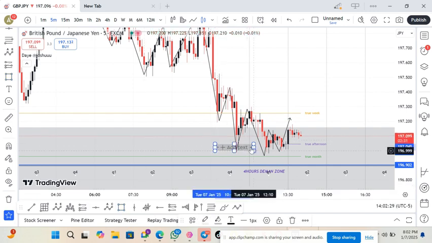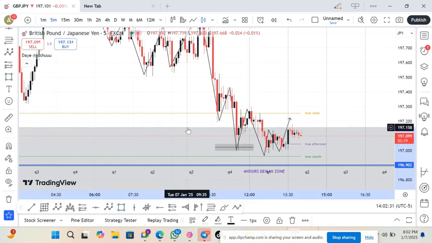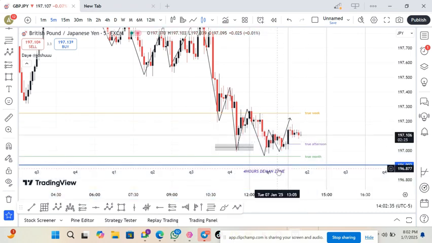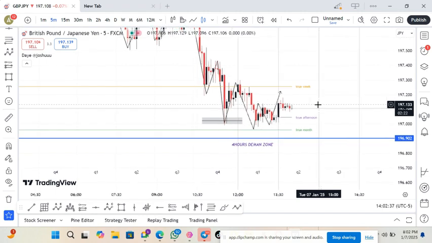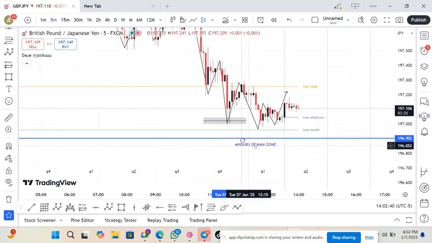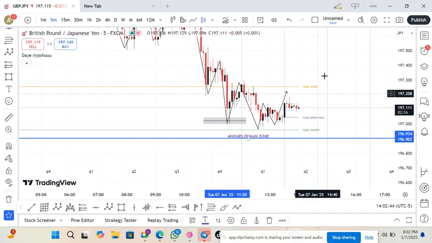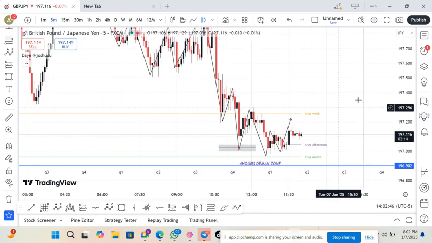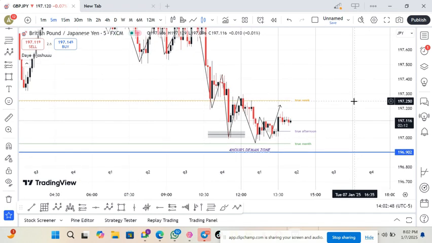So let me take this box out, but the blue line will represent the demand zone. So don't take your eyes off it. This is the 4 hours demand zone. If you watch my previous videos, you will see I explained this too, how 4 hours, 1 hour, 5 minutes, how you can get your reversal from it.